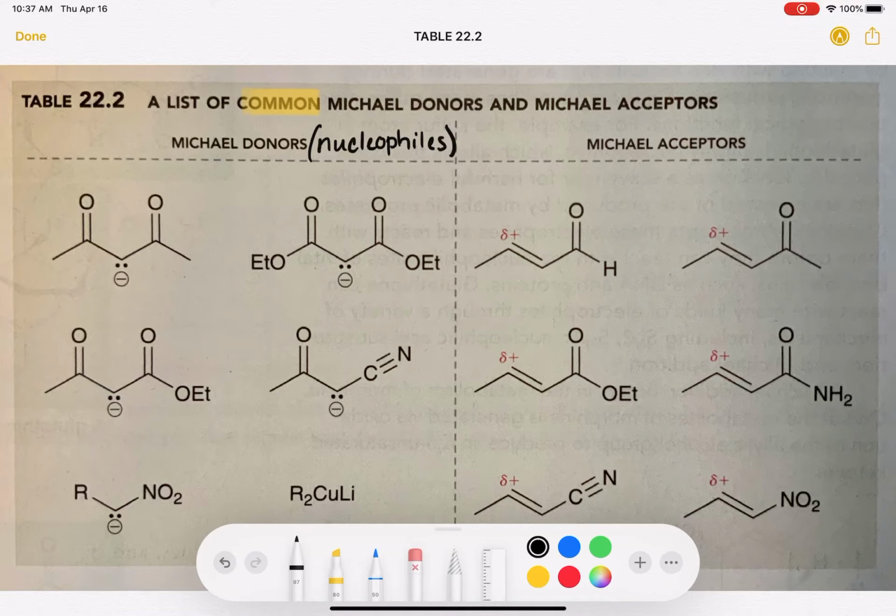So when you're doing these problems on Sapling, you're going to see the same general structure for the donors and the acceptors. The difference is that Sapling is allowing for a little bit more variety in these structures. So it's not just limiting, for example, the diester here to an ethyl ester.